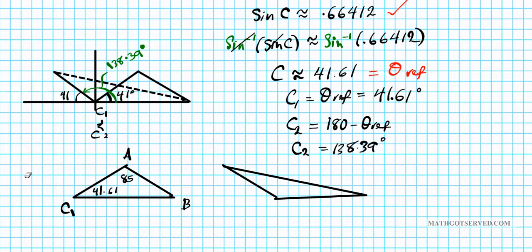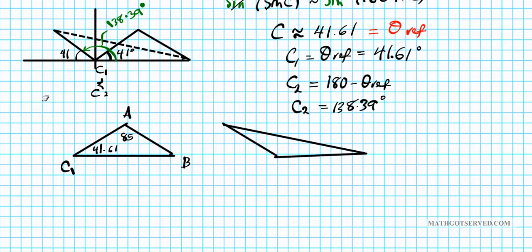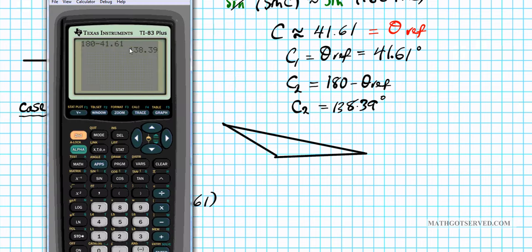Now for case 1, what is the measure of angle B? Remember, this is ambiguous. So for case 1, angle B is simply going to be 180 minus 85 plus 41.61. Is that a reasonable answer? Let's go ahead and compute it with a calculator.